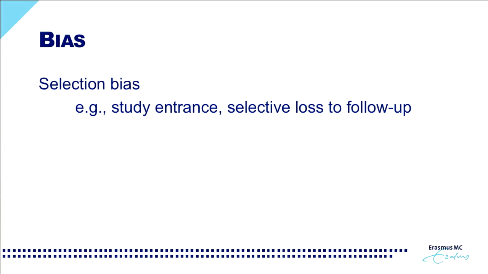Within my work in the Generation R study, a pediatric cohort, we have what we would call a selective loss to follow-up. So when the children entered the study, it was very representative of the catchment area, the population that we were interested in looking at.